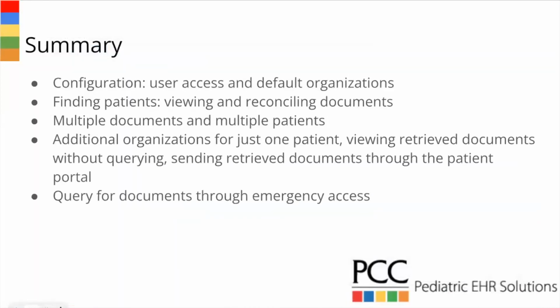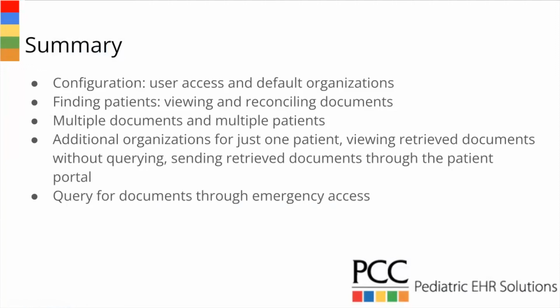So we covered user access, adding default organizations, finding the patients and viewing and reconciling documents that we retrieve, how to retrieve multiple documents, how to handle multiple patients. And I just want to note that you don't have to retrieve every document that is made available to you. If more than one patient is found, you can download both of the versions of that patient or just one of them.